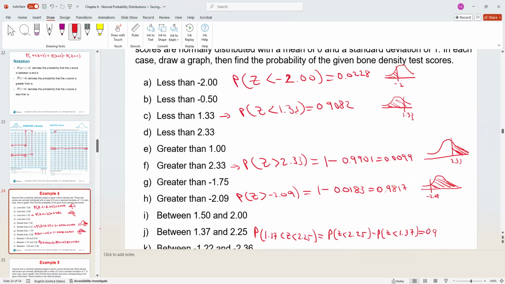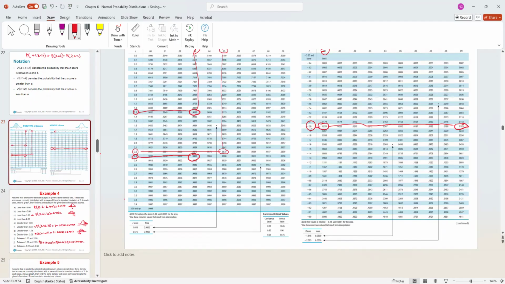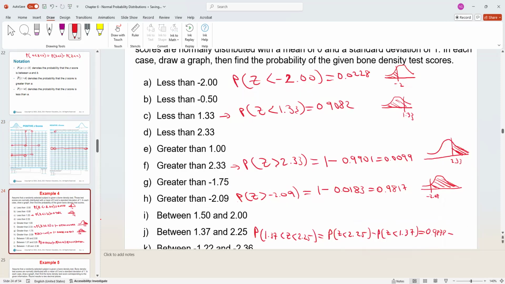Minus 1.37. We already have 1.3 here. We're going to just continue to 7: 0.9147.